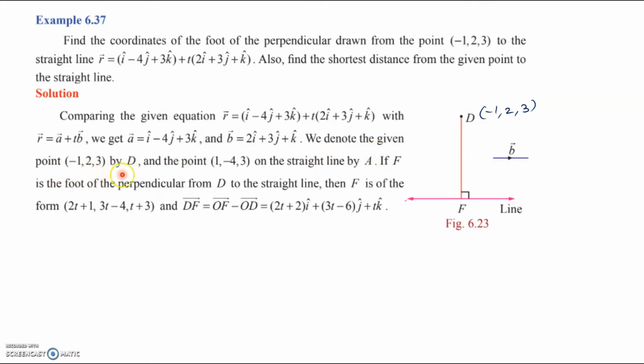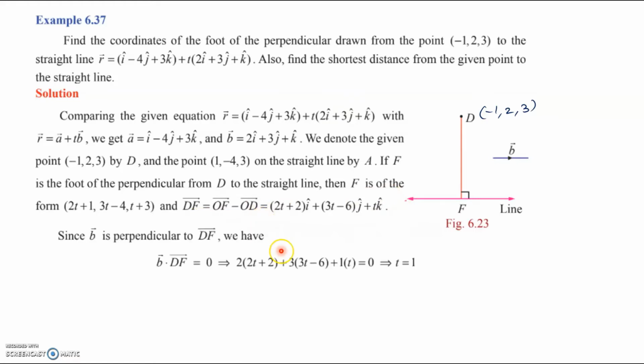We denote the given point D, which is minus 1, 2, 3, as D, and the point 1, minus 4, 3, which we already said is any point on the line, because those are the coefficients of i cap, j cap and k cap, so x1, y1 and z1 on the straight line, by A. So that is A. If f is the foot of the perpendicular from D to the straight line, then f is of the form which we already saw how to get: 2t plus 1, 3t minus 4, t plus 3, and our df is equal to this expression here.